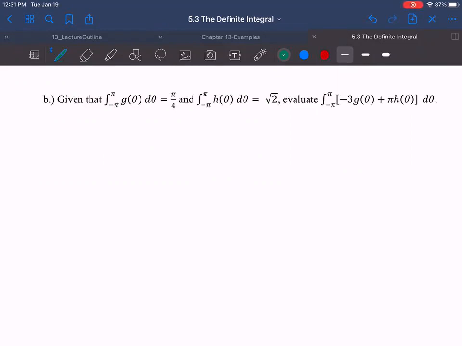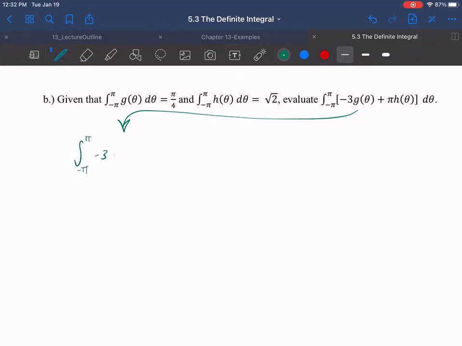We've got the integral from negative pi to pi of g of theta, and that's pi over 4. So if we take this right here, we rewrite this. First thing we can do is split this into two different integrals.